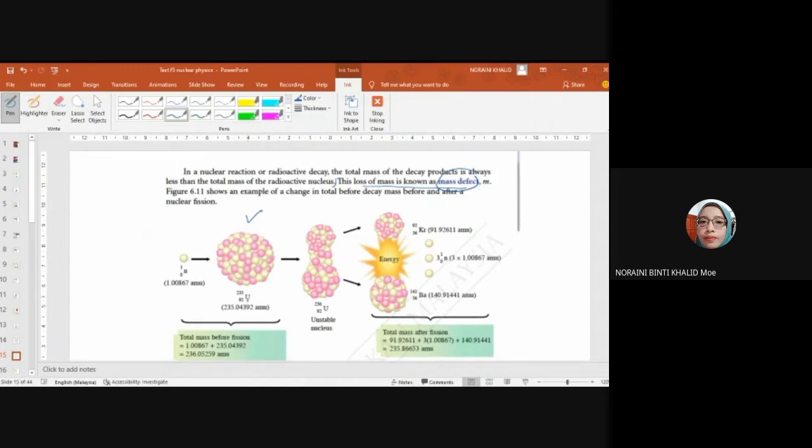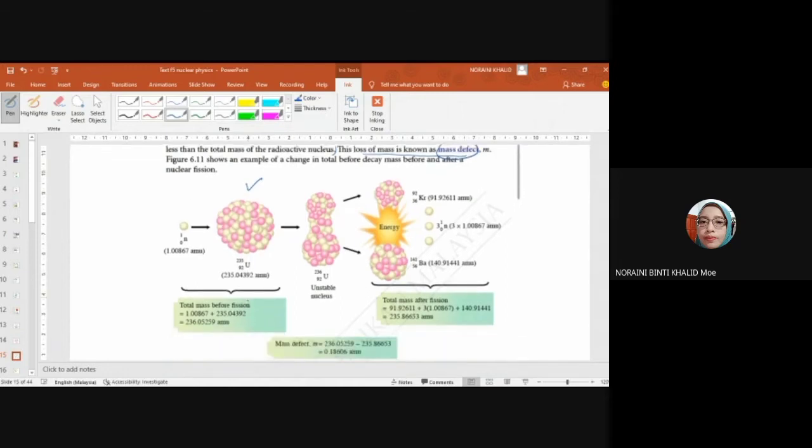This is one example, the process of nuclear fission, uranium bombarded with neutron. So you can see the mass is given in AMU, mass of nucleus. So total mass before fission, you just add the mass of neutron plus mass of uranium. So we get 236.05259 AMU.